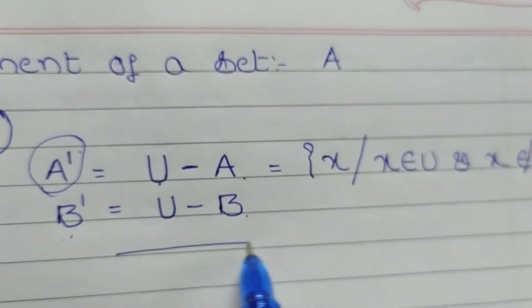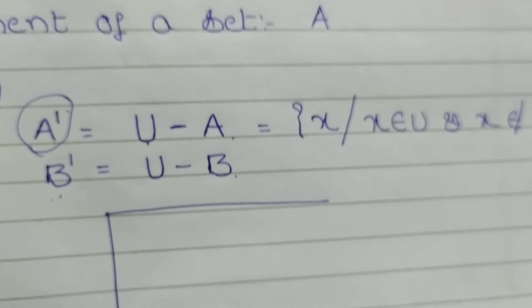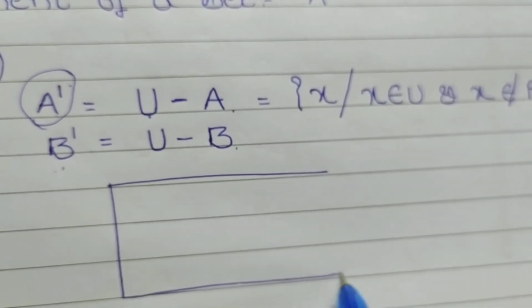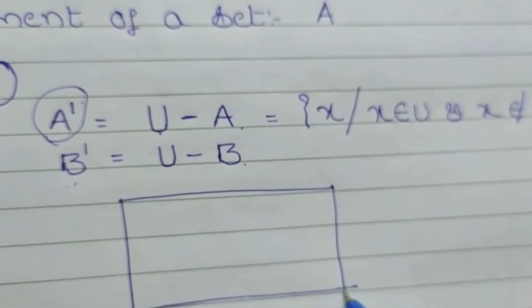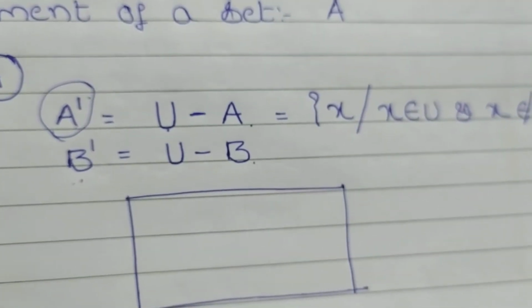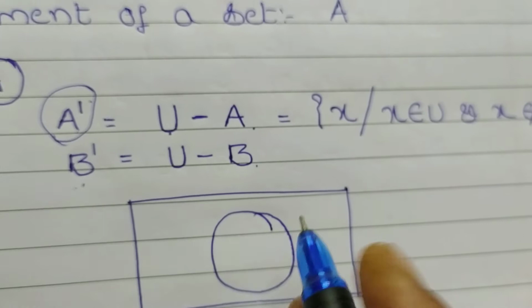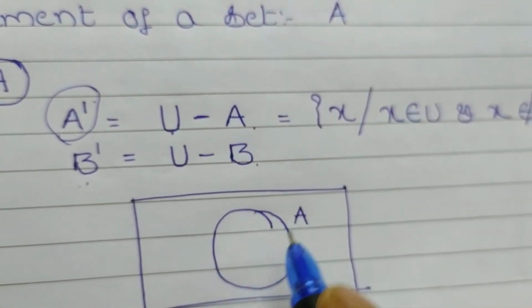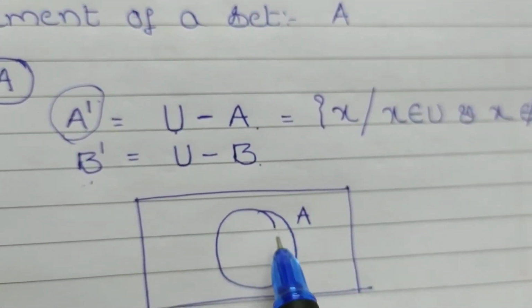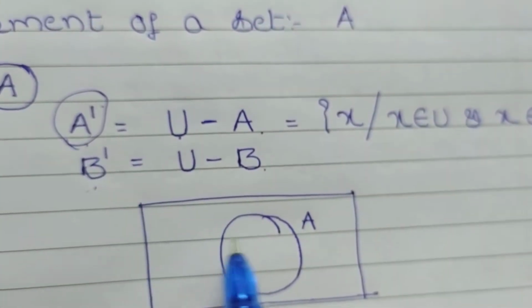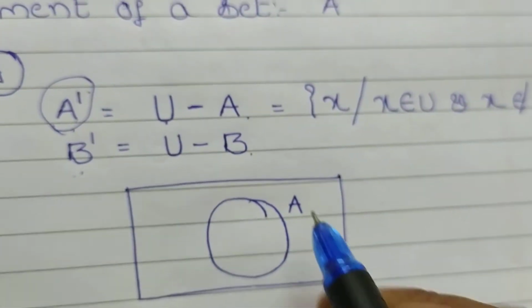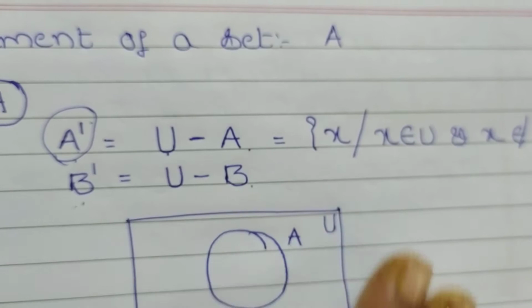In the Venn diagram representation, by representing A complement in the form of a Venn diagram, suppose A is the set. I will draw a circle which denotes the set A. A complement means from the universal set. So this rectangle represents the universal set.